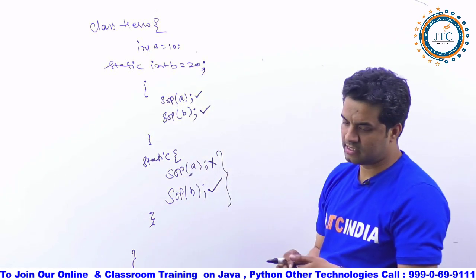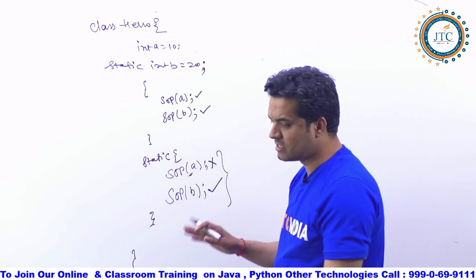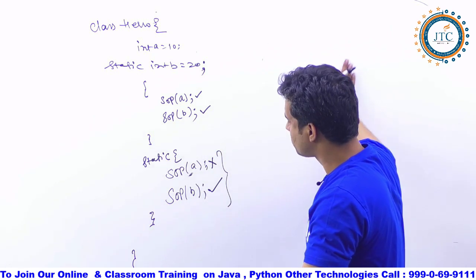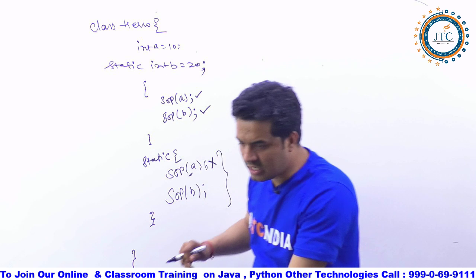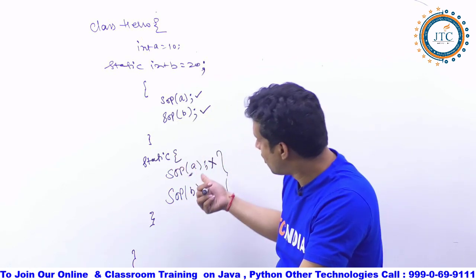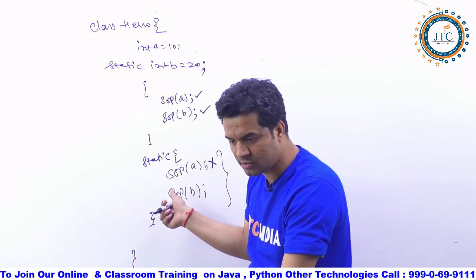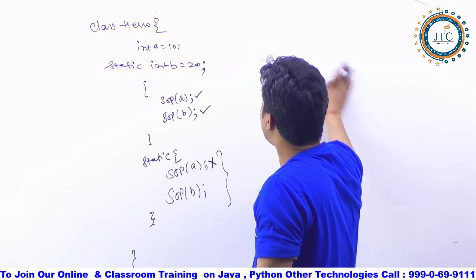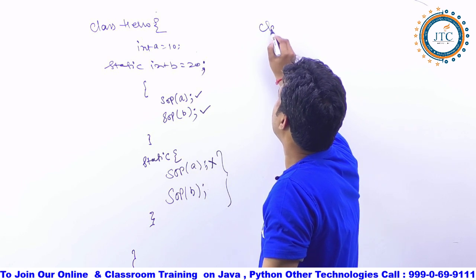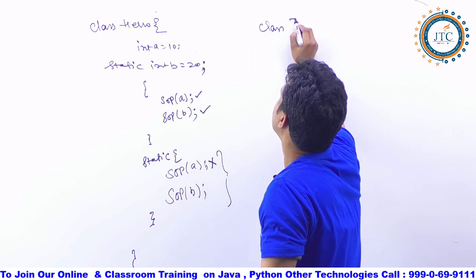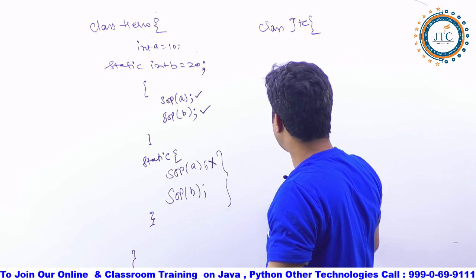Now in this case, let's imagine it here. Even if you create an object, you will not be able to access it here. Even if you have created an object, you will still not be able to access it. So let's see. Now I'll write another form. Suppose I am writing a class JTC.